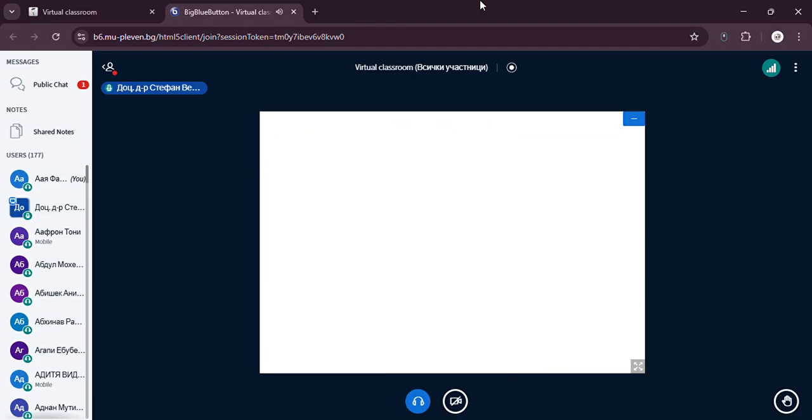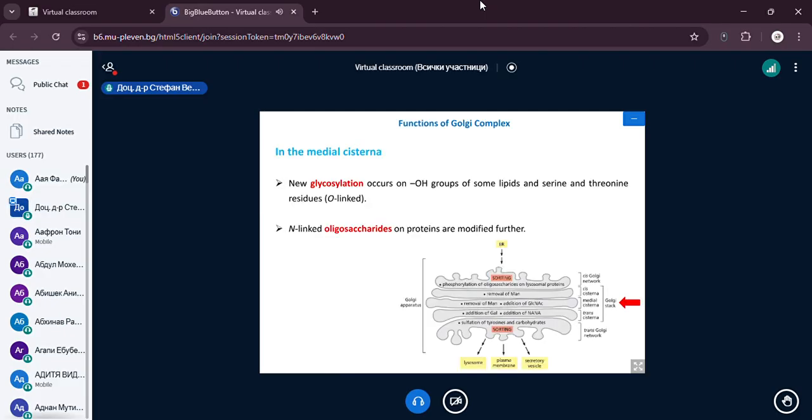And this is what happens in the cis-cisterna and cis-Golgi network. Now we have reached the middle of the stack. This is the medial cisterna. Here, glycosylation continues, and additionally, new polysaccharides are added to the hydroxyl groups of some lipids and also on the hydroxyl groups of serine and threonine amino acids in the protein sequence.